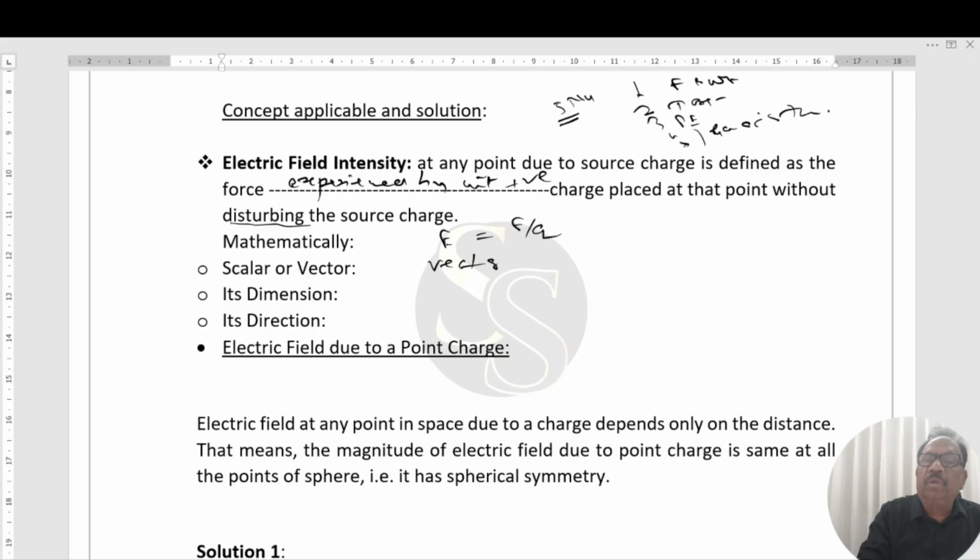Its dimension, you know E equals F by Q, which is MLT minus 2 divided by AT. The dimension of charge is AT. So it is M L T minus 3 A minus 1. Direction is positive to negative, or you can say away from the positive charge towards the negative charge, right?